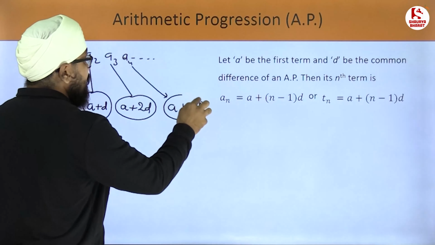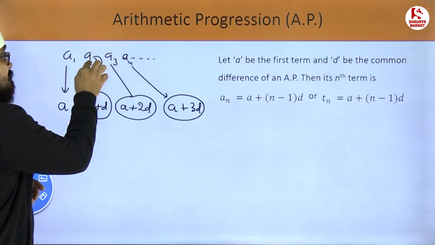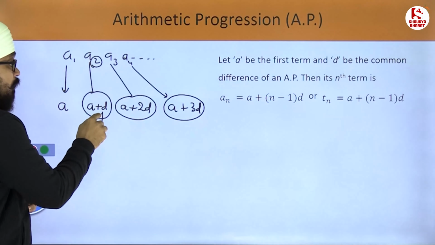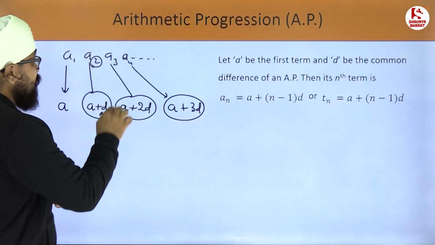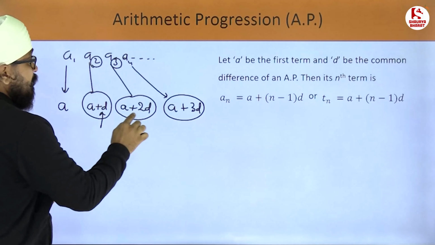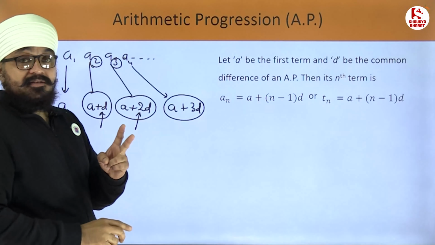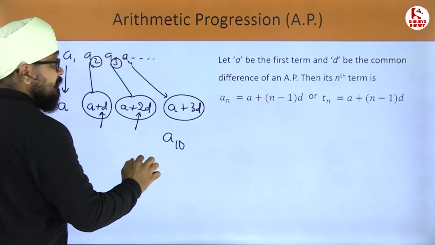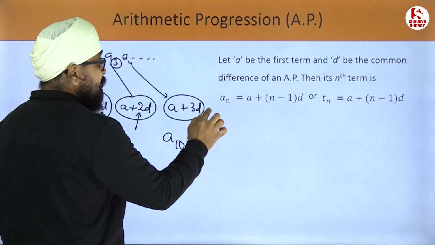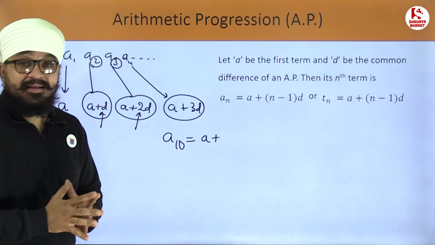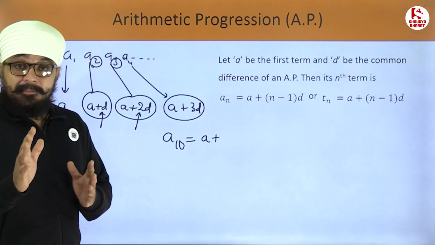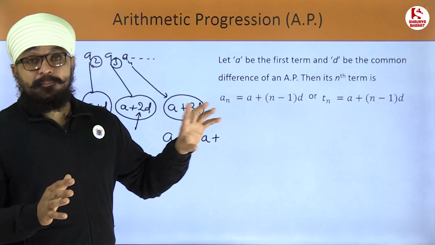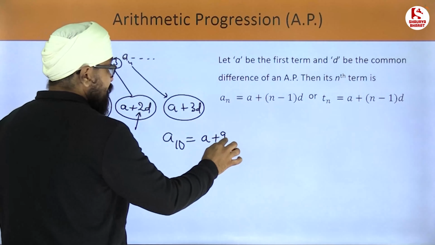So, what logic we can see: when we have the second term, we have only 1D, and when we take the third term, it has 2Ds. In the same way, if I develop the logic for the 10th term, in A how many Ds will we have? 9 Ds, which is 1 less than the position. So, we have 9D.